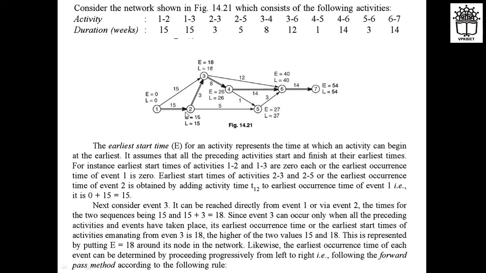So the earliest start time for node 2 will be 15. E is equal to 15. Are you able to see that on the second node E is equal to 15 is written? Yes or no?